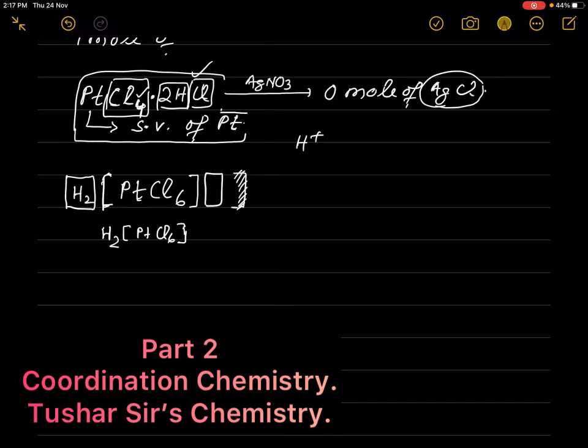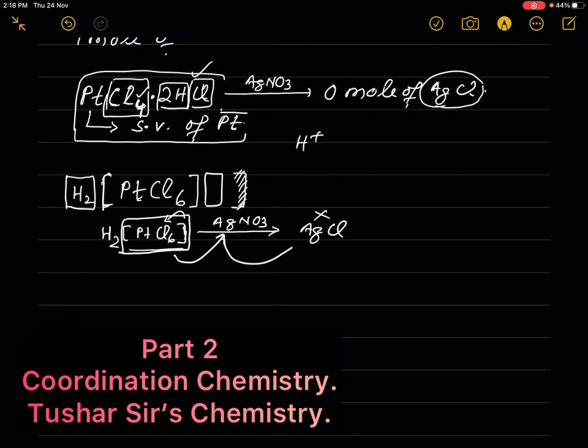This complex on treatment with silver nitrate won't give any AgCl. Why? Because all the chlorine atoms are present inside the coordination sphere. As all the chlorine atoms in the form of Cl minus are present inside the coordination sphere, they cannot precipitate silver nitrate into AgCl.